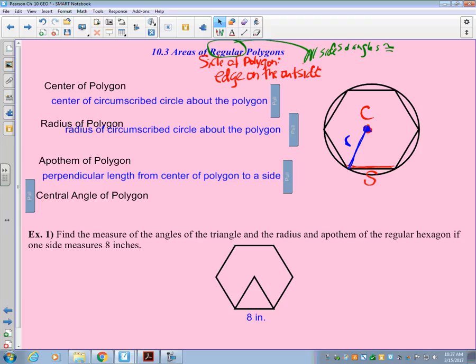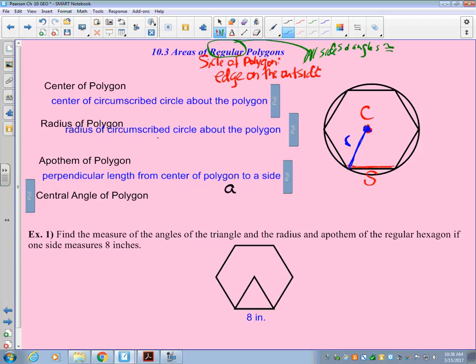Okay, so the apothem. On the count of 3, we're going to say that word together. It's called apothem. Apothem. 1, 2, 3. Apothem. It kind of sounds like opossum, but it's apothem. It's the perpendicular length from the center to the side, and it's usually a little a.